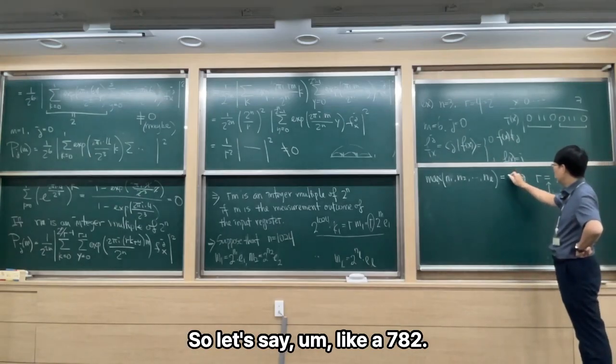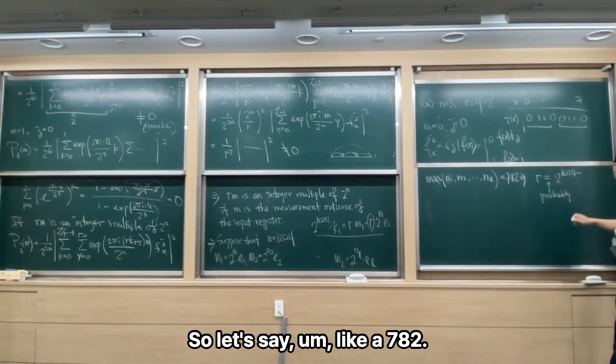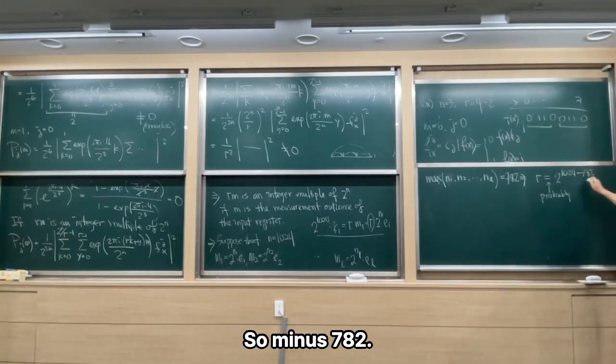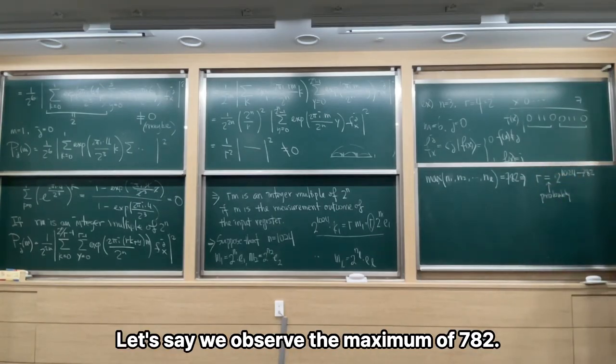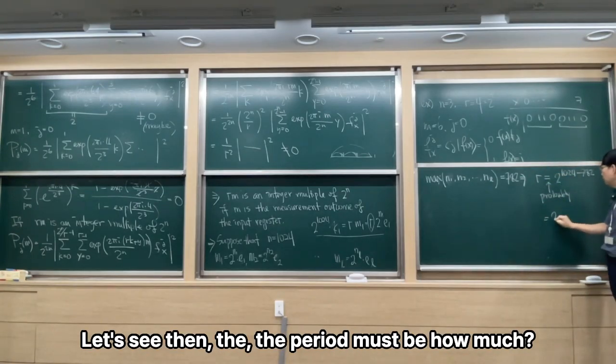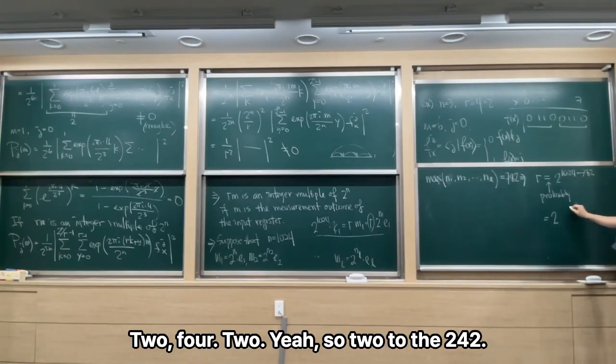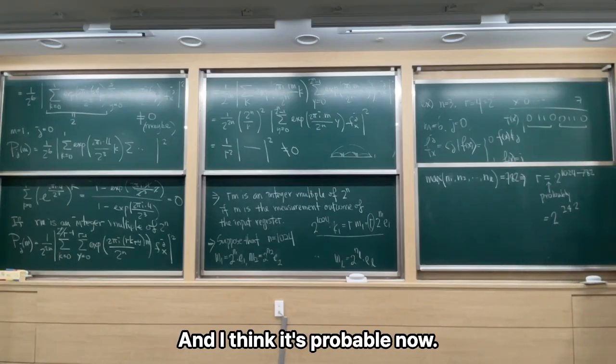So let's say, okay, minus 782. Let's say we observe the maximum of 782. Let's say then the period must be how much? 242. Yeah. So 2 to the 242.